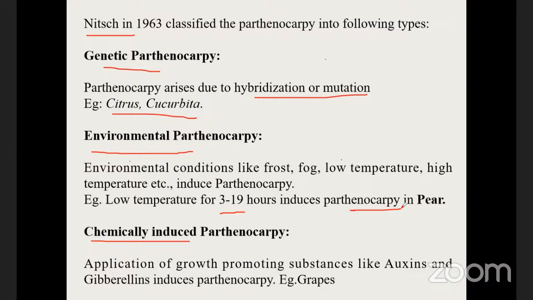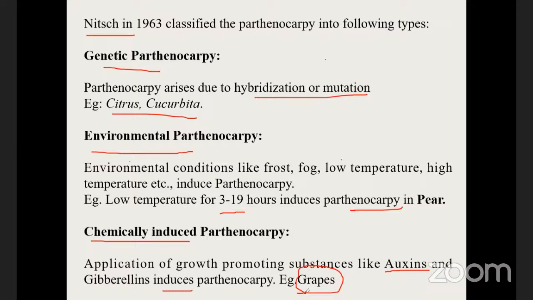And the next one is chemically induced parthenocarpy. Application of the phytohormones gibberellin and auxins induces parthenocarpy in grapes, by spraying auxins and gibberellin, IBA and gibberellic acid.